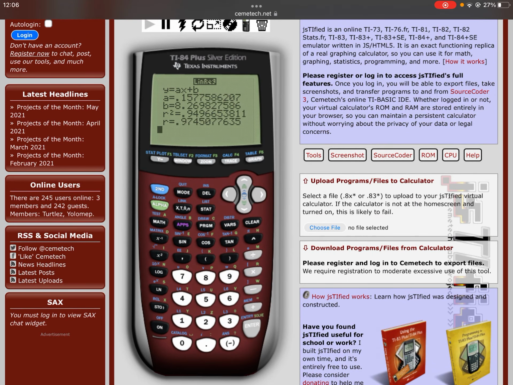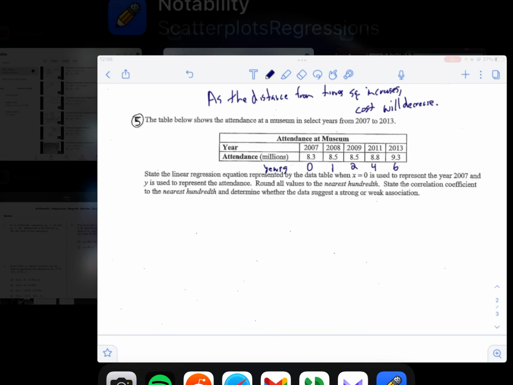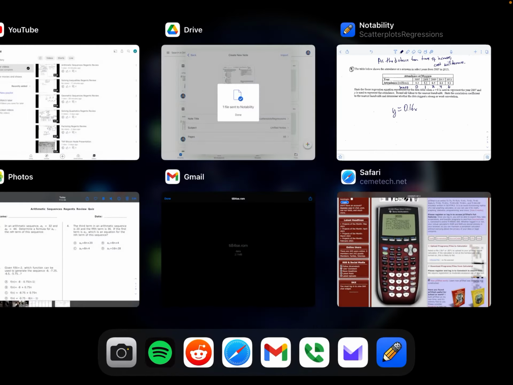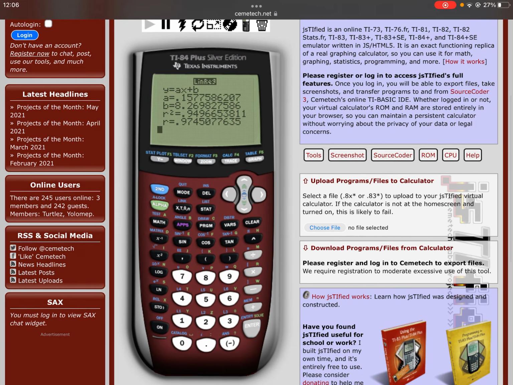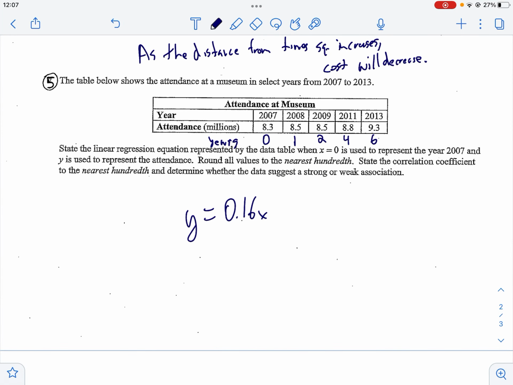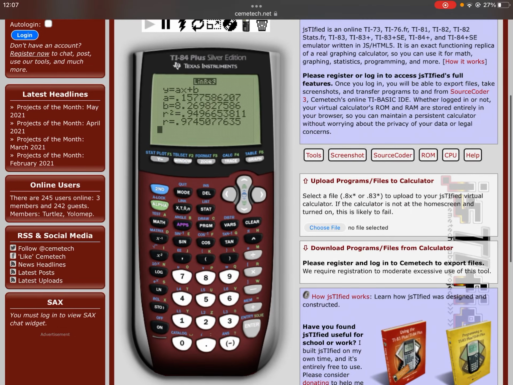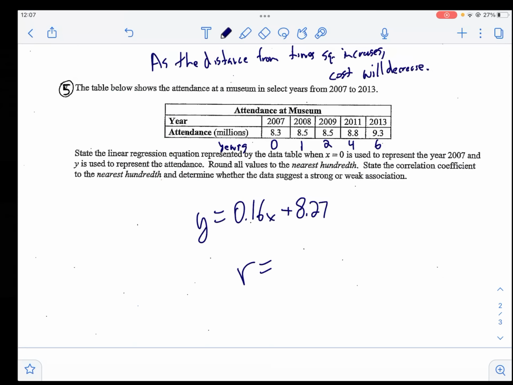So our equation would be 0.16x, and the y-intercept, the b value, we would round to be 8.27. All right, and then our r value, the correlation coefficient, is 0.97.